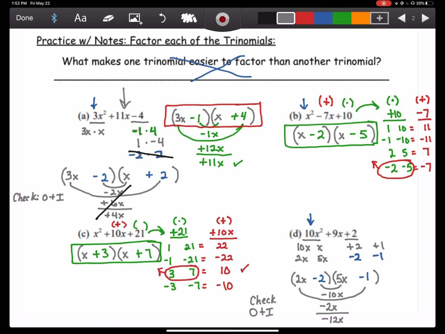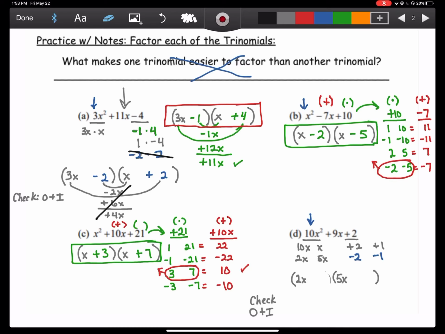Okay, now write this down. I'm running out of room, so I am going to erase. You should not erase. You could just put a single line through it, like this. This is not correct, so I'm going to erase it. And I'm also erasing the negative 2 and the negative 1.